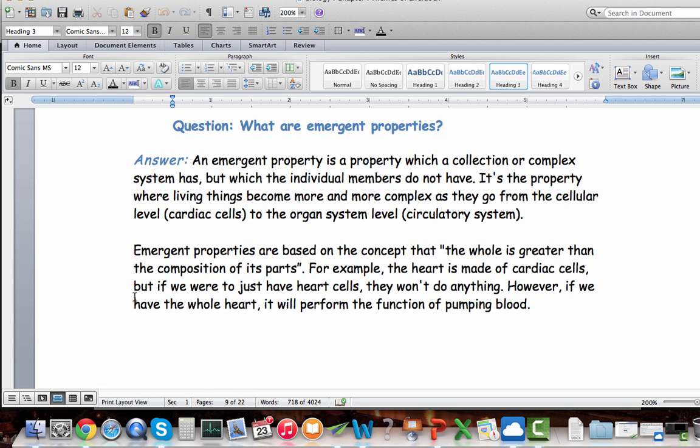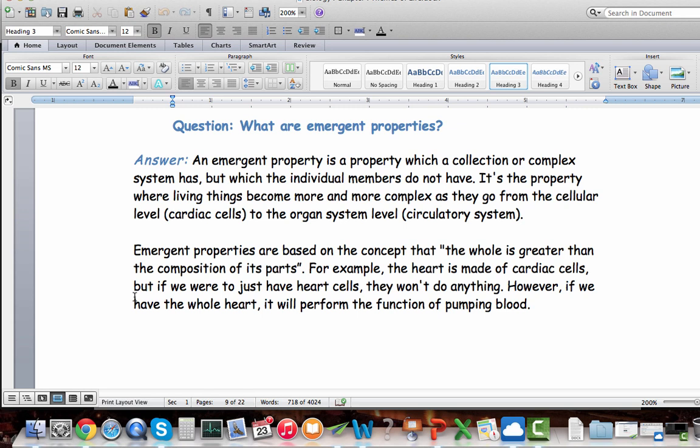Question. What are emergent properties? Answer. An emergent property is a property that a collection or a complex system has, but which the individual members of the system do not have. It is the property where living things become more and more complex as they go from the cellular level, for example, cardiac cells, to the organ system level, for example, the circulatory system.